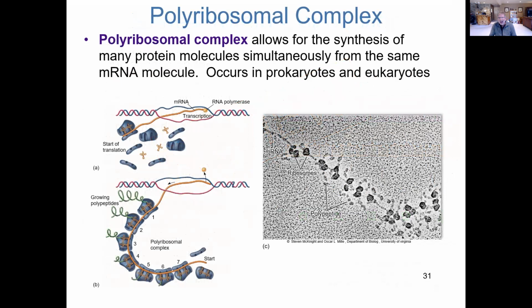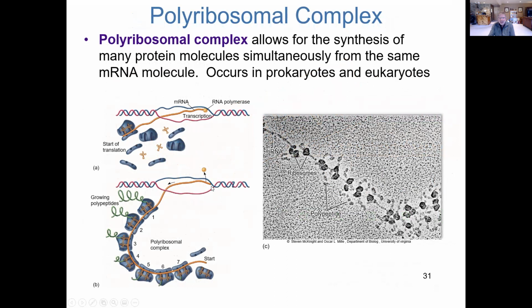When we look at how a cell makes protein through this process of translation, what we would find is that there can be multiple ribosomes moving along the same messenger RNA strand. So here's the messenger RNA that's been made in transcription, okay?